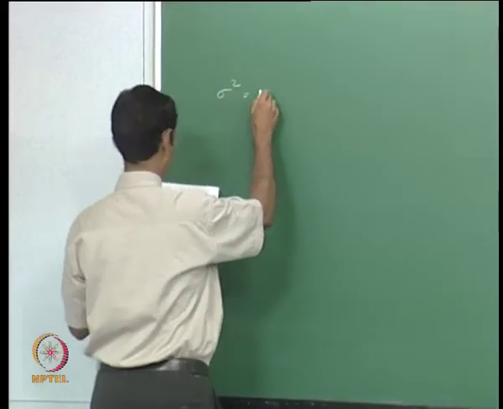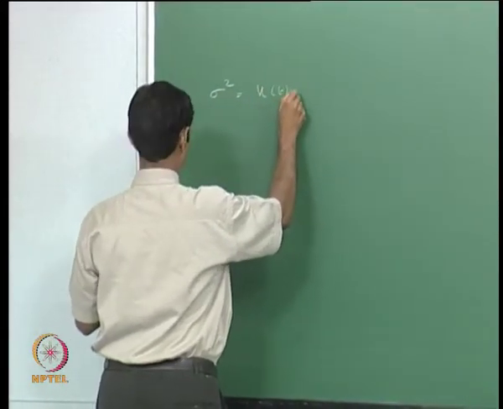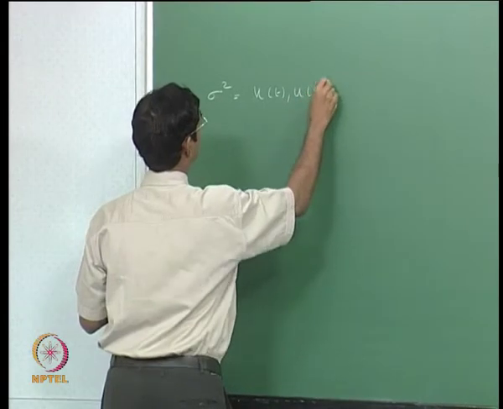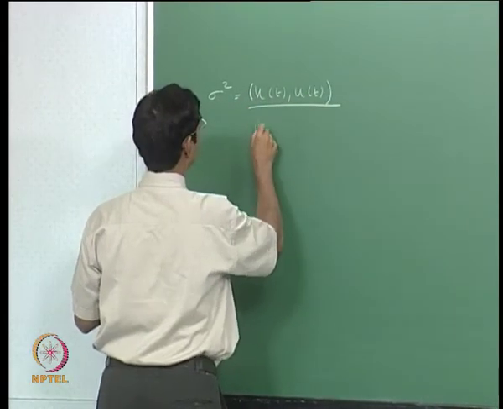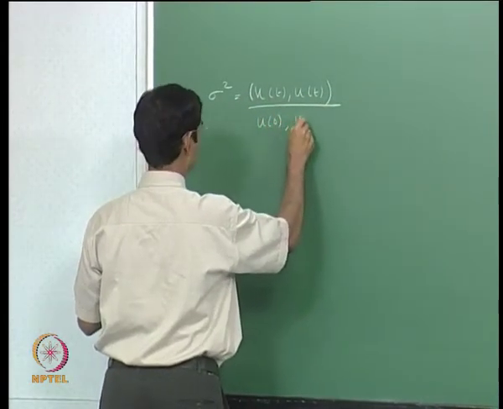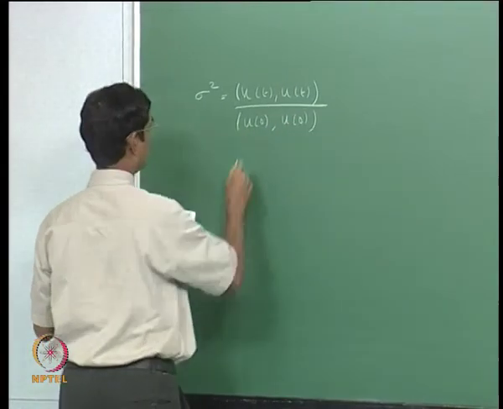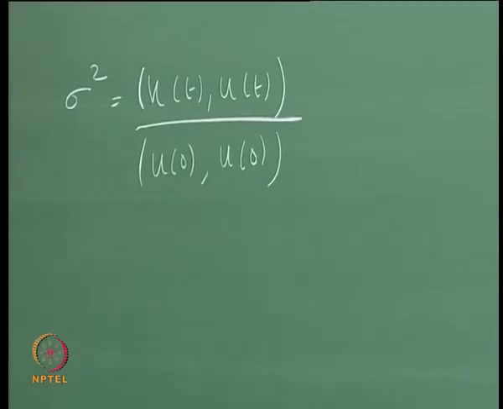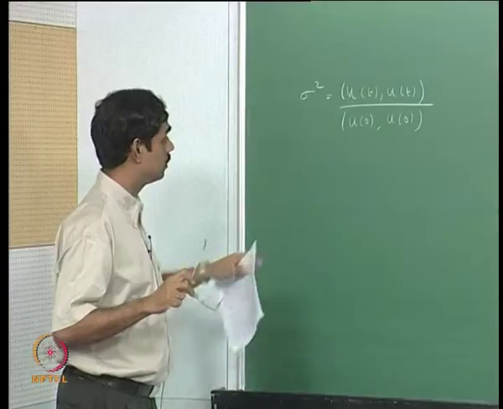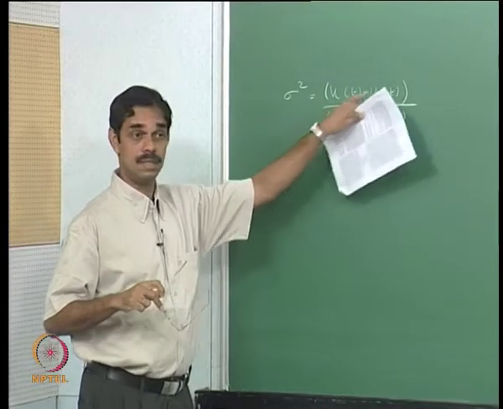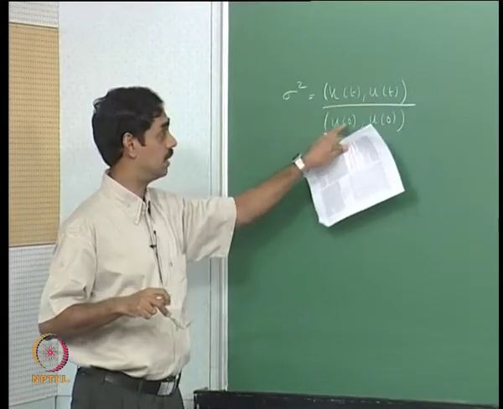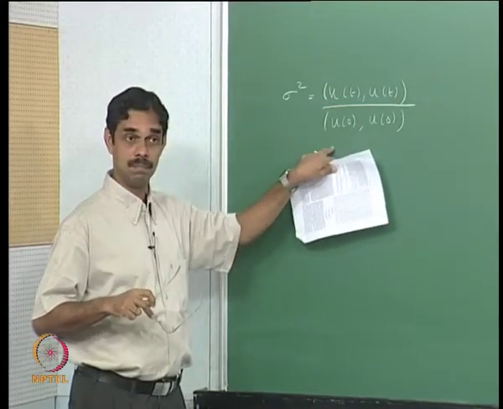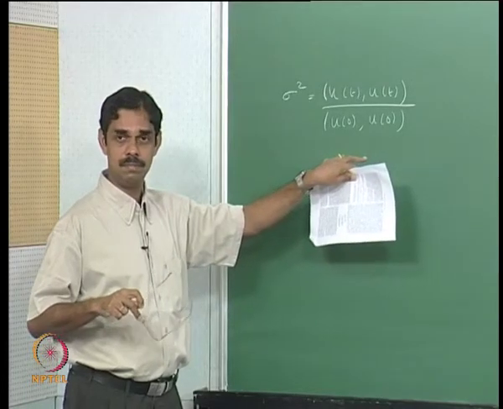So I am following Farrell here. I am using his notation so that you can read the paper yourself. So this is like the inner product of the state vector with itself at some time t divided by the inner product at time 0.